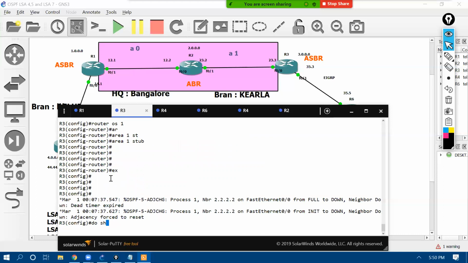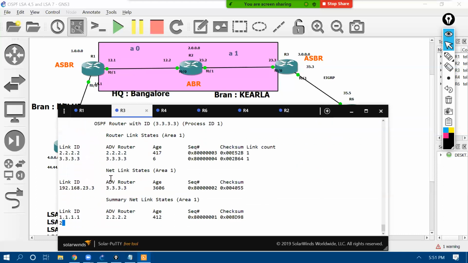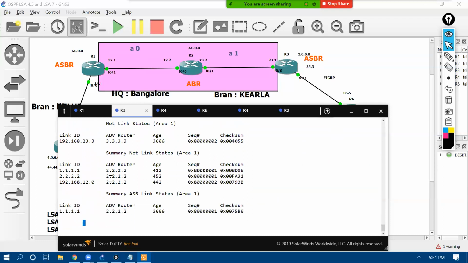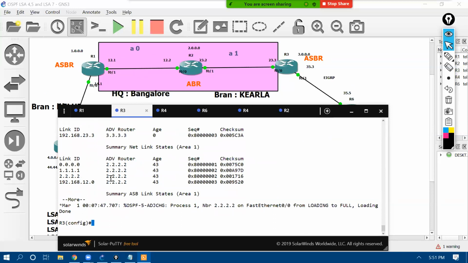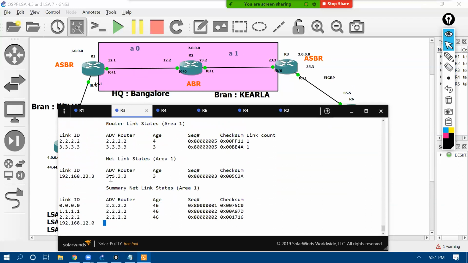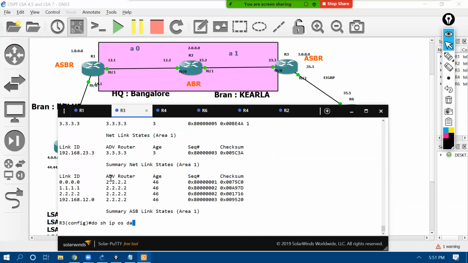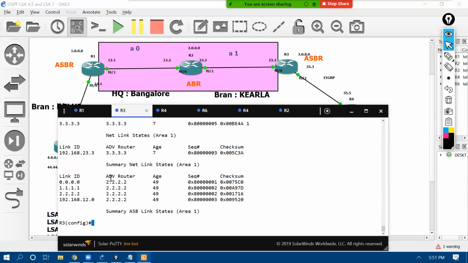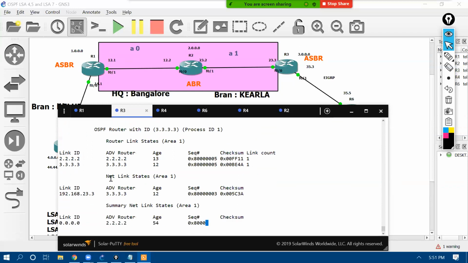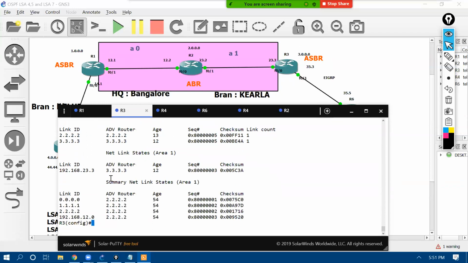Now you can do show IP OSPF database. I don't have the LSA 5 information. It takes some time. Still getting. Now perfect.